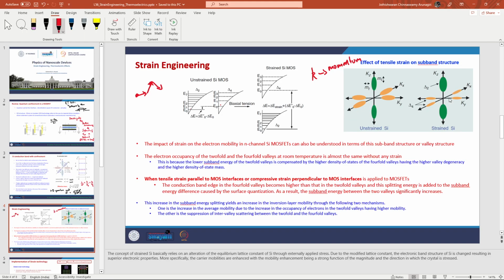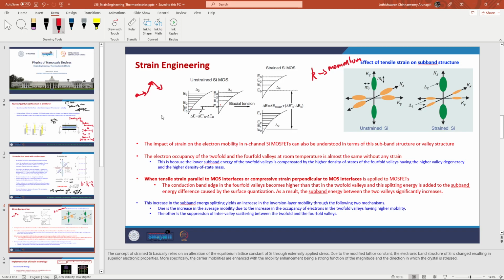Now, in the strained case, we have two subbands and ladders that are forming. Because of that, the intervalley transition is no longer possible simply because an energy difference has been introduced. So the electrons will no longer be as likely as before to change their momentum, which implies the electrons will scatter less in such channels.